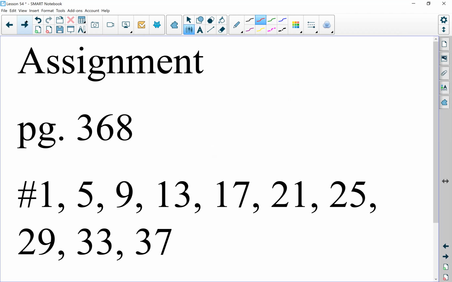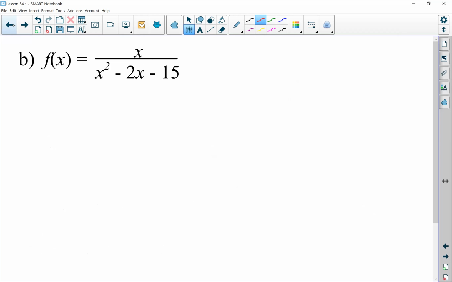One thing, I did want to talk about this one a little bit. With the asymptotes, in this case, if you think about the largest power of x in the numerator and the denominator, well, there's a factor. I can reduce that to 1 over x.